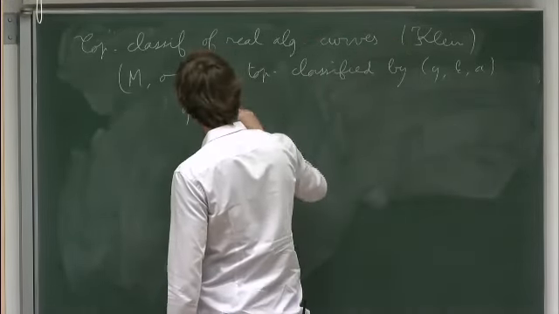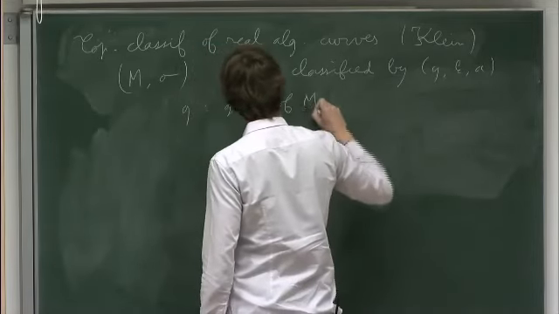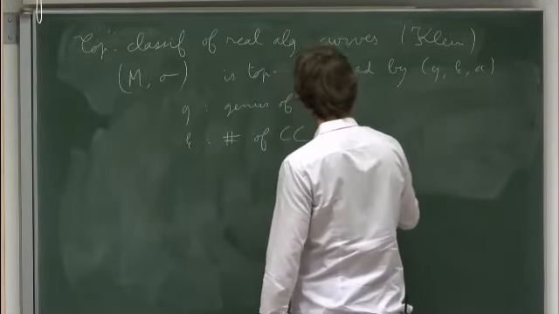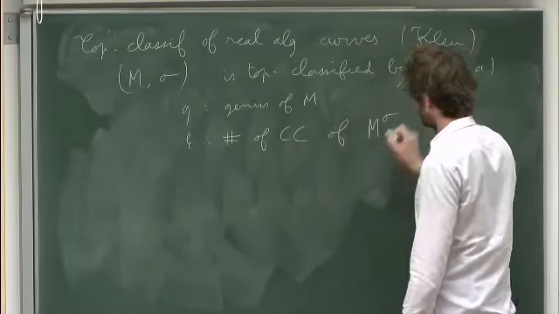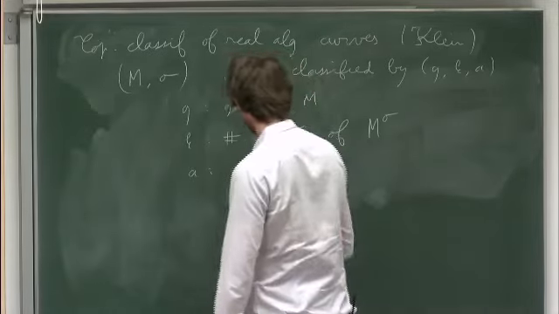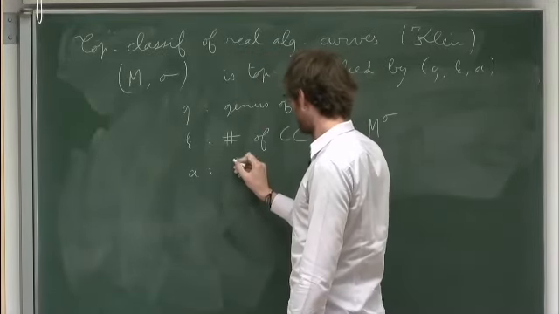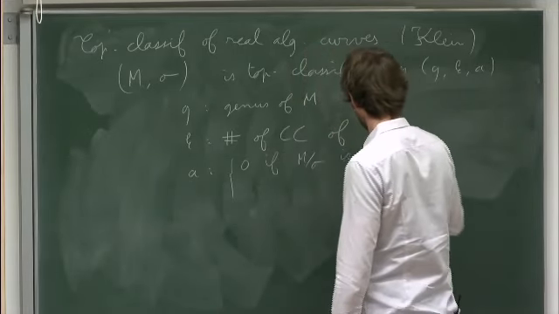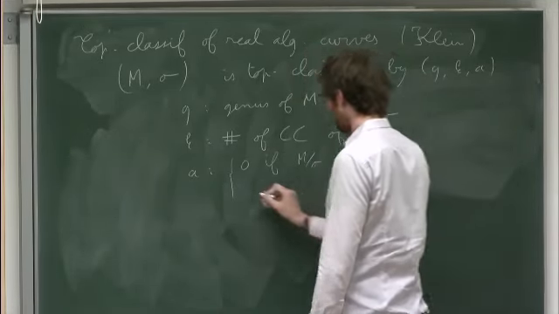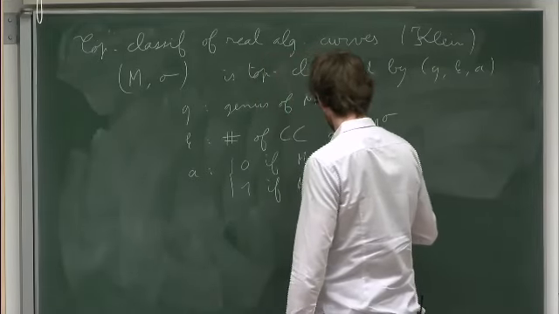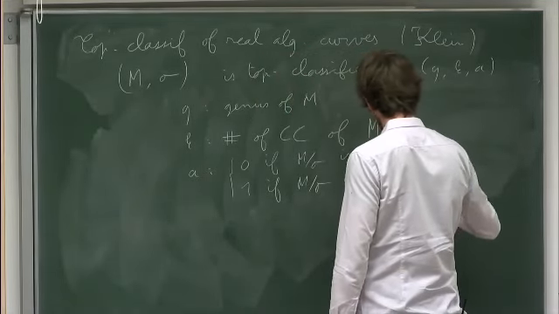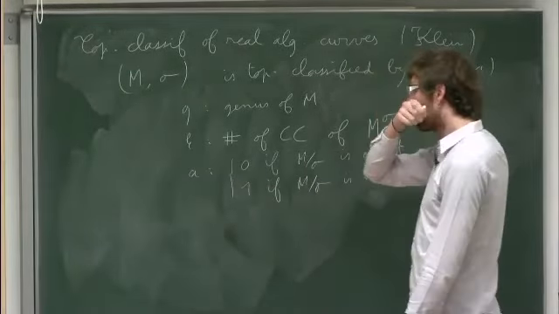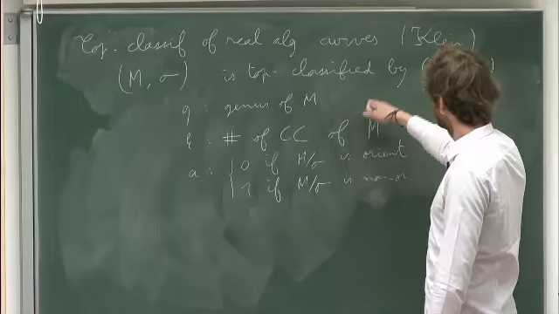So G is the genus of M. K is the number of connected components of the fixed point set of sigma. And A is a mod 2 integer, really, which is 0 if M mod sigma is orientable, and 1 if it is not. So it's also the same as saying that A is 2 minus the number of connected components of M minus M sigma.